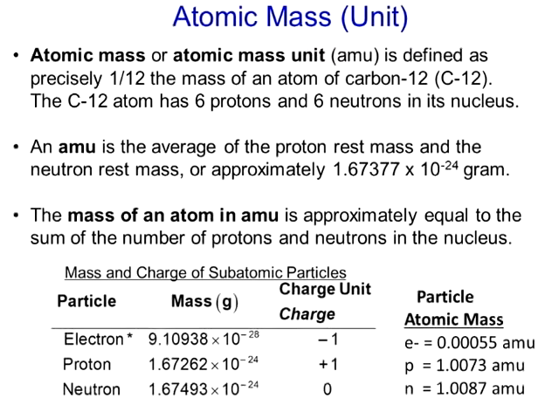And so it's extremely, extremely small. Now, the mass of an atom in AMU is approximately equal to the sum of the number of protons and the neutrons in the nucleus. It is not the same, but it is an approximation.